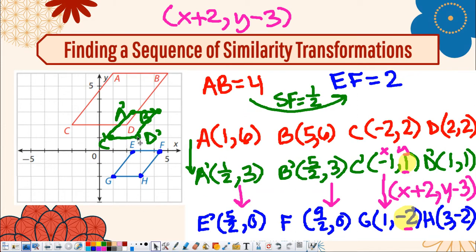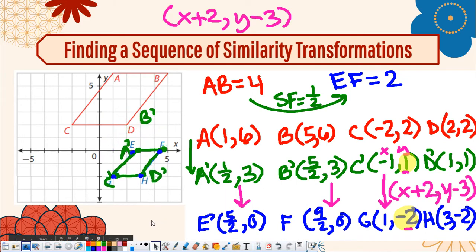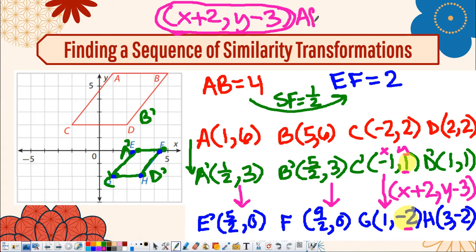That means going to the right. Let's go down 3. 1, 2, 3. That means we have our correct answer. Our answer was to move it x plus 2, y minus 3 after a scale factor of 1/2.